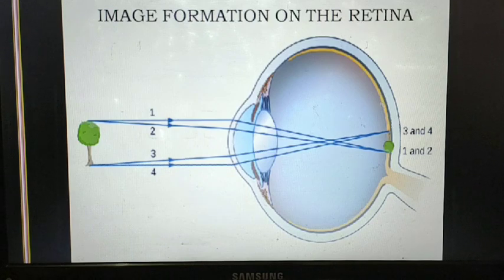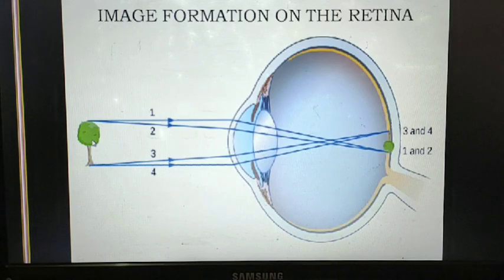The light rays from an object travel through the cornea, aqueous humor, lens, and vitreous humor by refraction and finally fall on the retina to form a mirror image which is upside down and smaller than the real object.